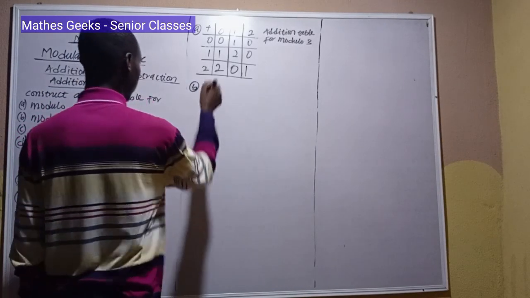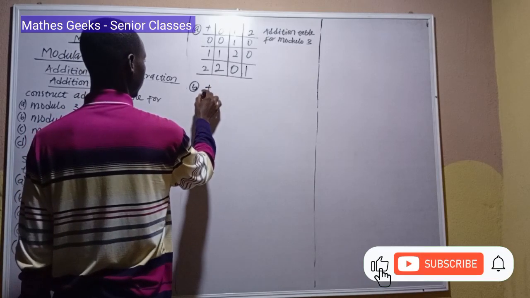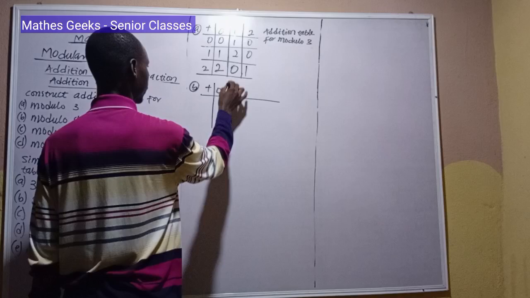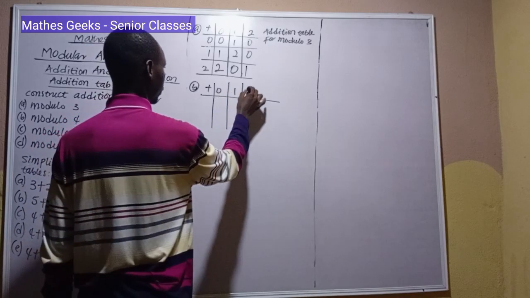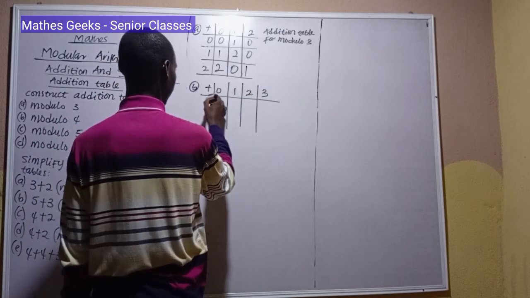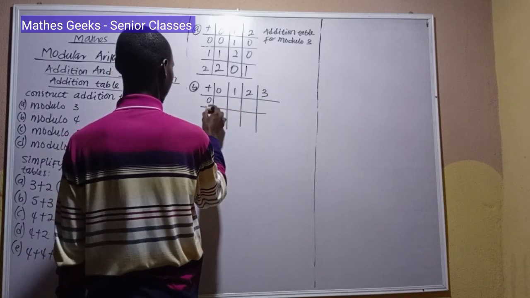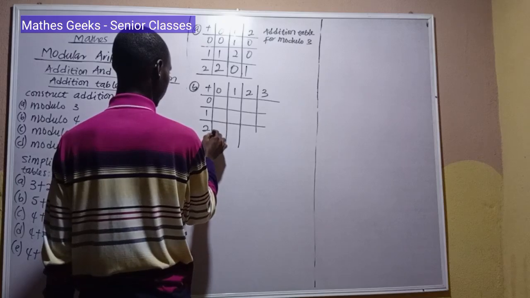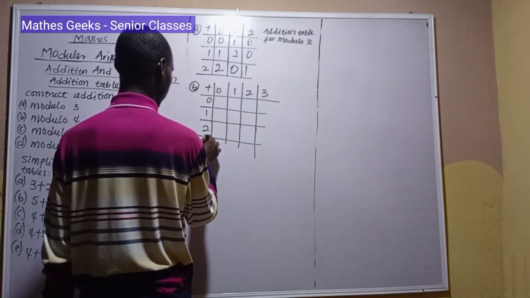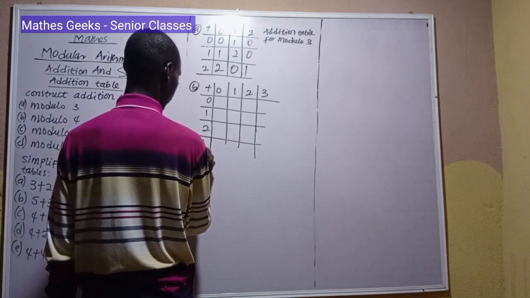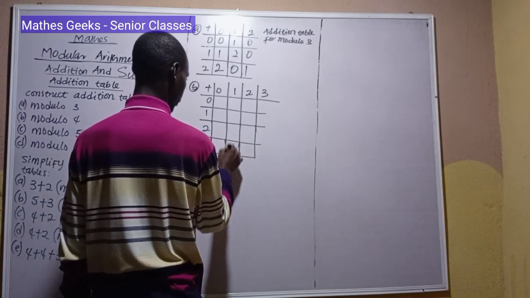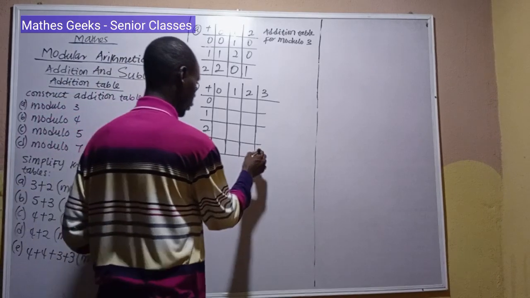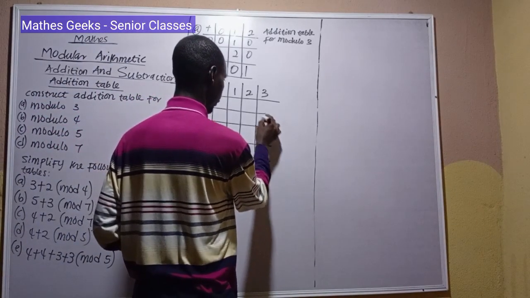Modulo 4, 0 1 2 3, 0 1 2 3. So I will not be using the ring. I'll just use the other method.